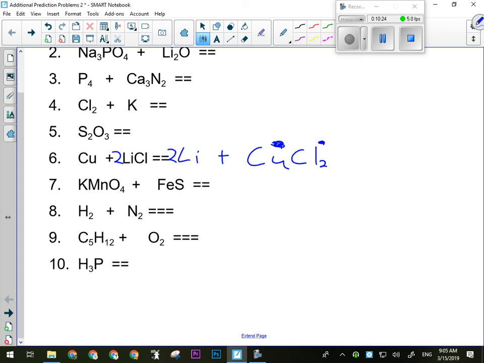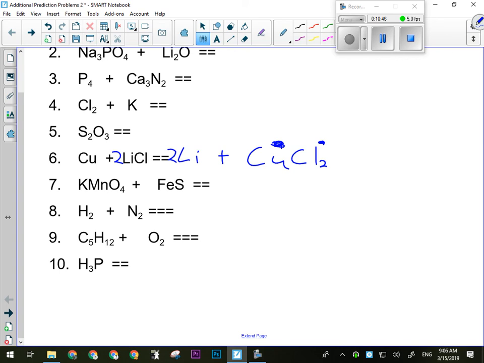All right, number 7. I have potassium permanganate, and it's reacting with iron 2 sulfide. Liam, what kind of reaction is that? Double replacement. Okay, in the double replacement reaction, I will produce 2 new ionic compounds by doing what?